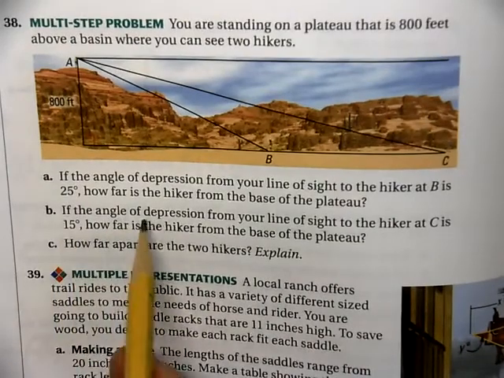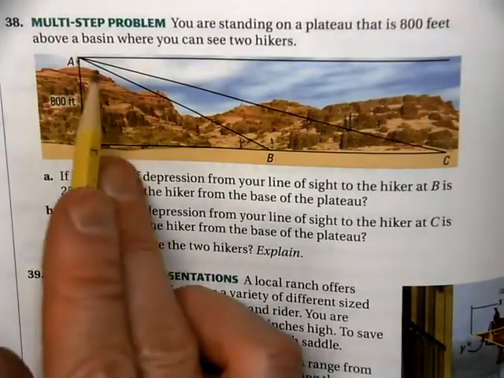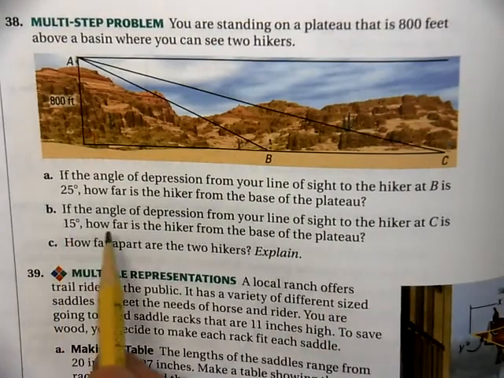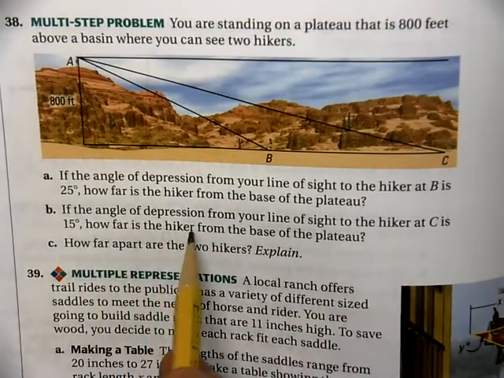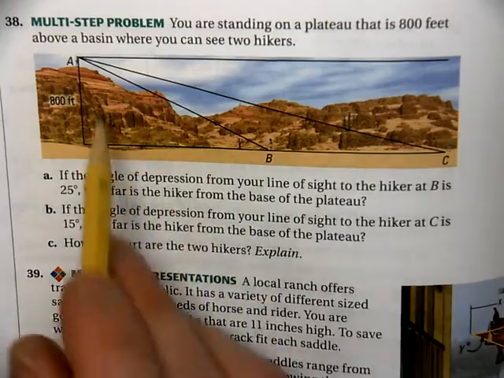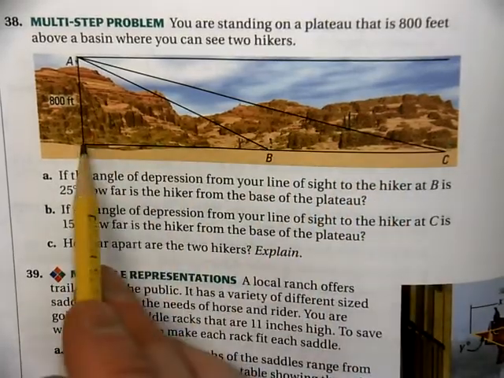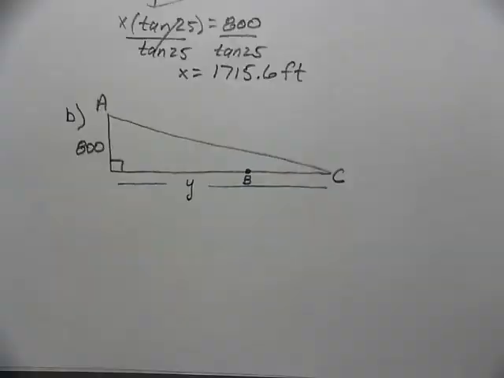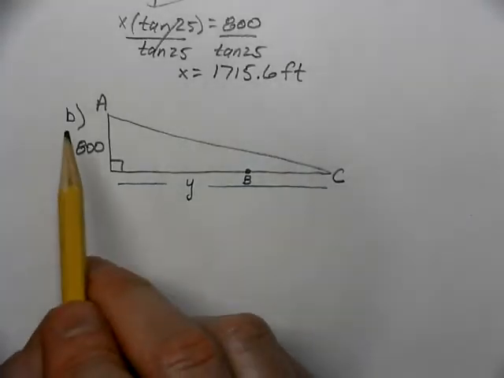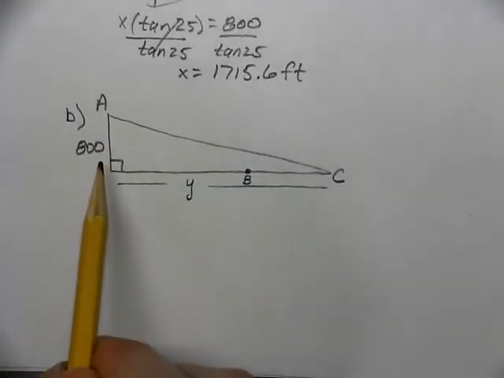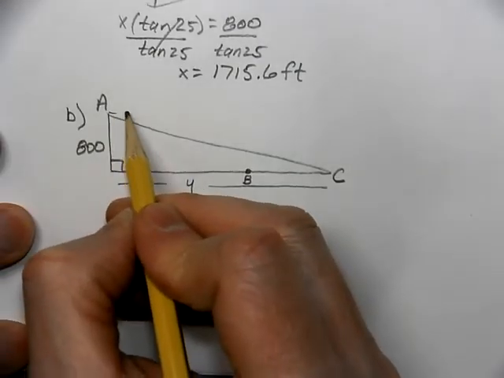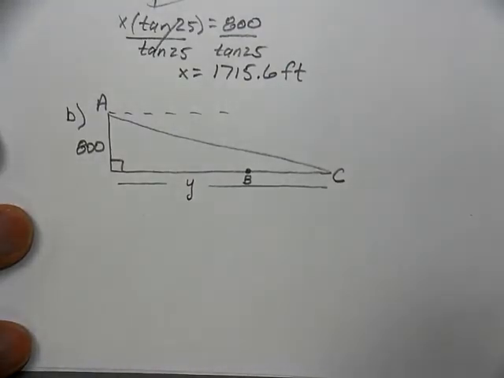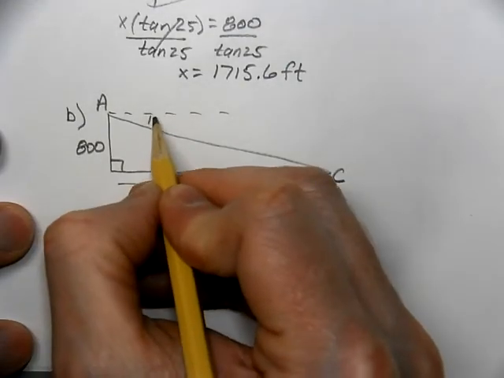Part B says if the angle of depression from your line of sight to hiker C is 15 degrees, how far is the hiker from the base of the plateau? So here, for part B, we have an angle of depression from the sight line, and that's 15 degrees.